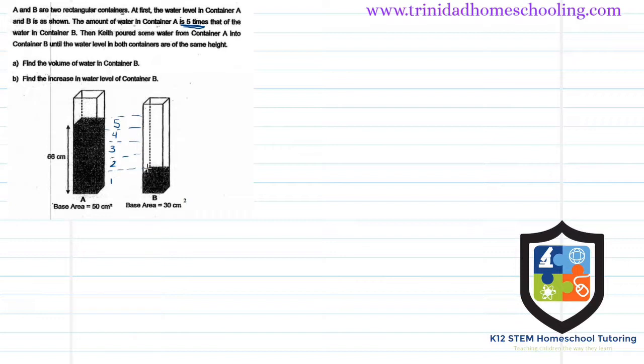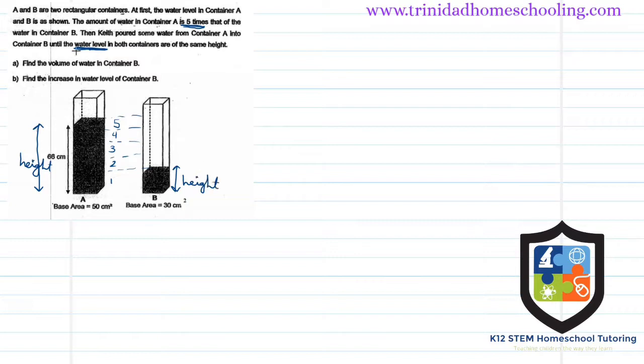The next thing we need to understand is that the water level that they are talking about in relation to these two containers is the height. We have height here and we have this height here.